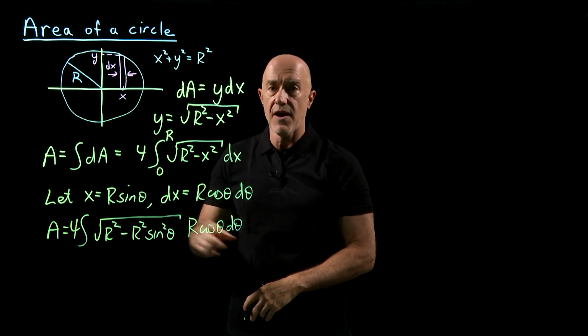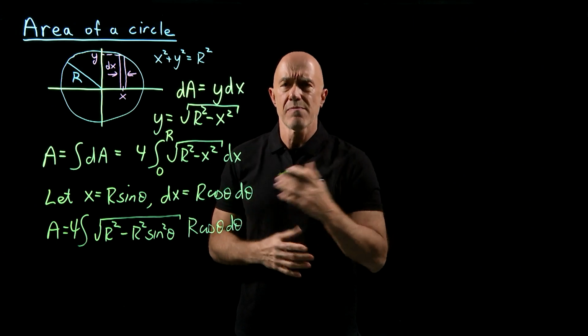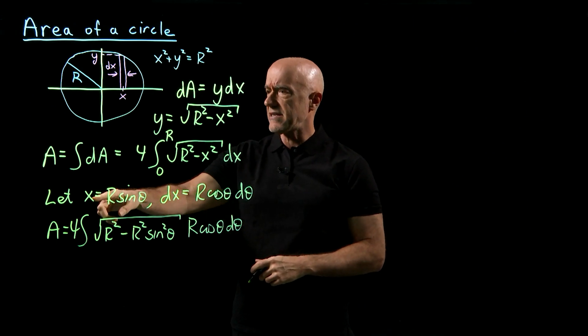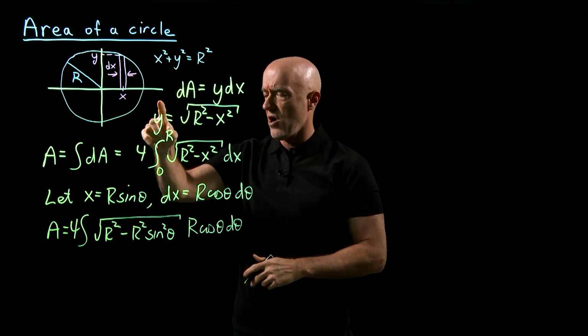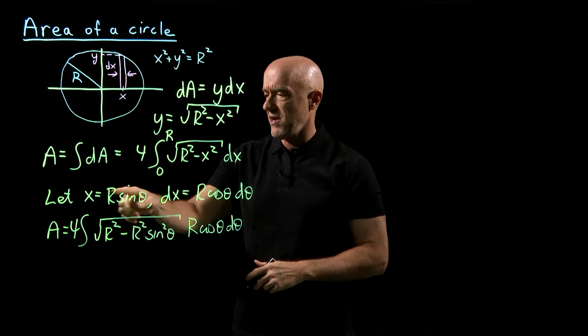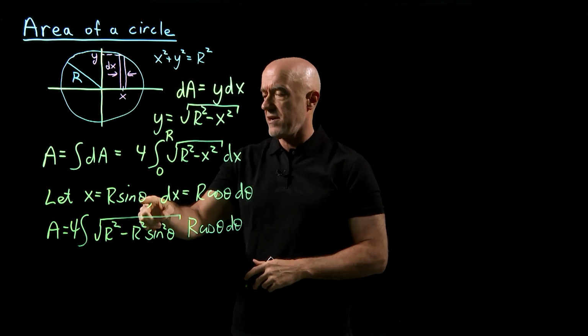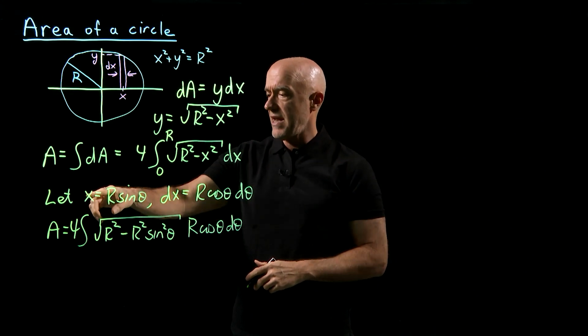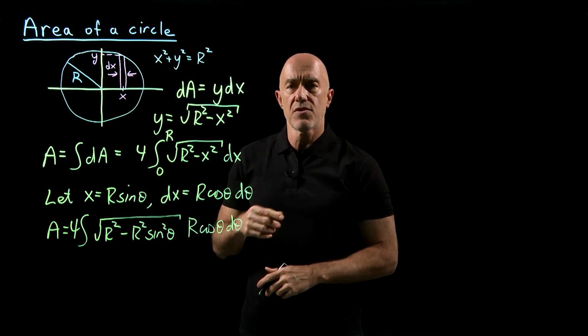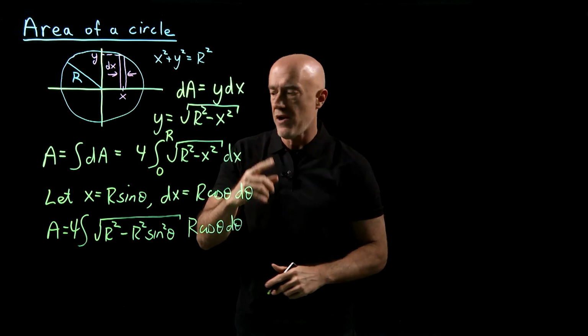So that will simplify. Meanwhile, we should probably put in the limits. So when x goes from 0 to r, sine theta should be 0 when x equals 0. So theta goes from 0. And when x is equal to r, sine theta should be 1. So theta will go from 0 to pi over 2.